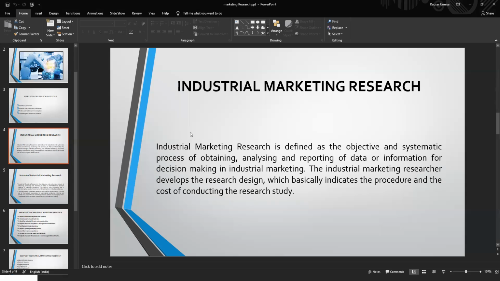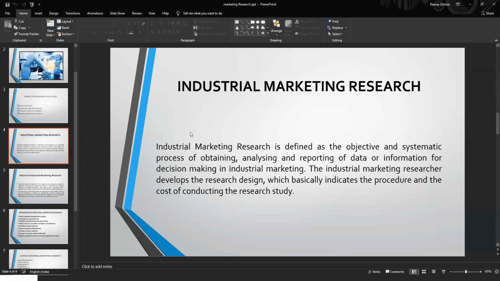Industrial marketing research has to recognize the industrial customers, and it can be used as a tool for accurate decision making for marketing of goods and services. It can also be useful to study and solve different marketing problems in a systematic and rational manner.